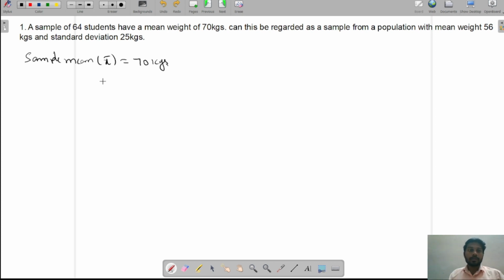Now, given in the question, sample size n equals 64, and also the population mean weight of 56 kgs. So the population mean nu equals 56 kgs.